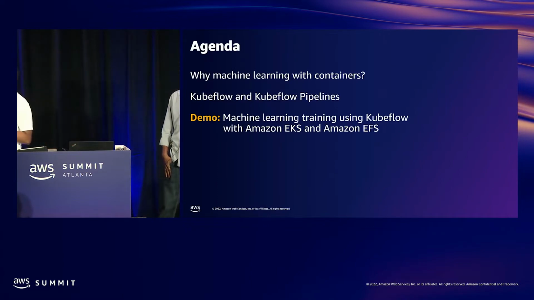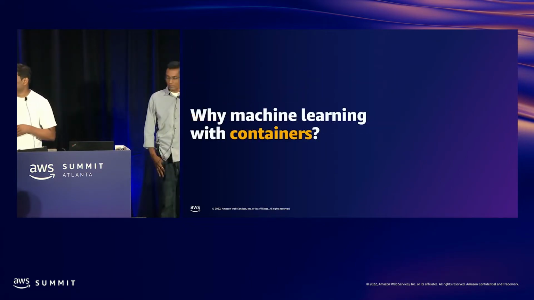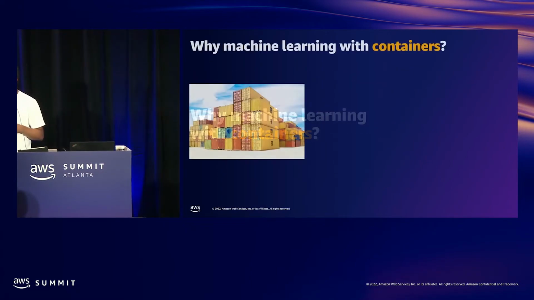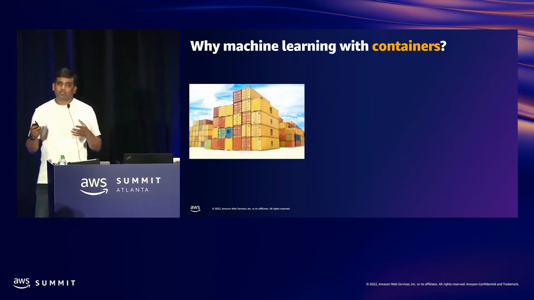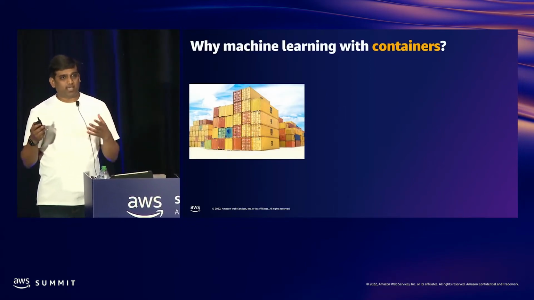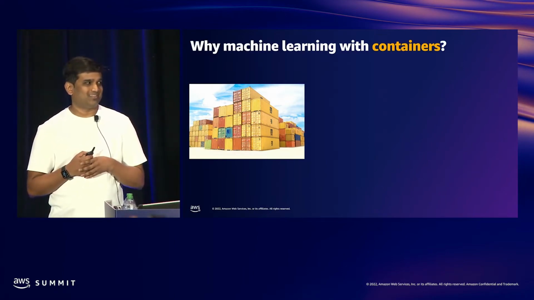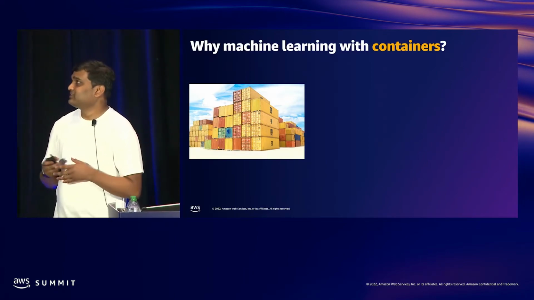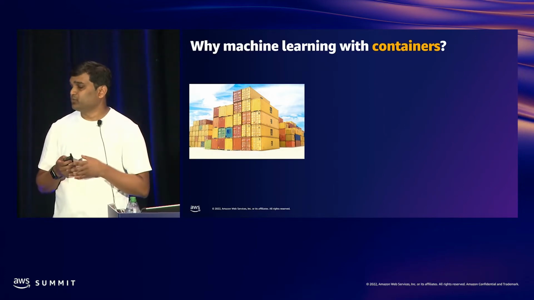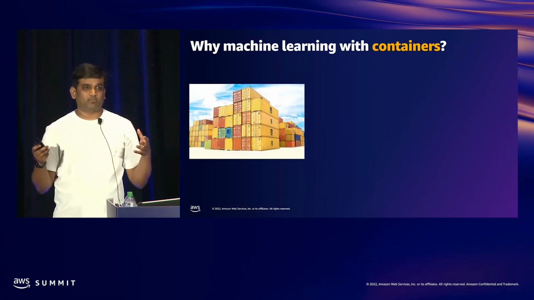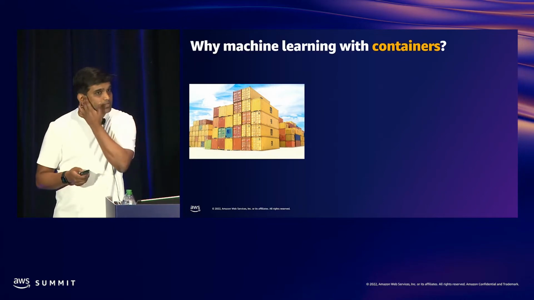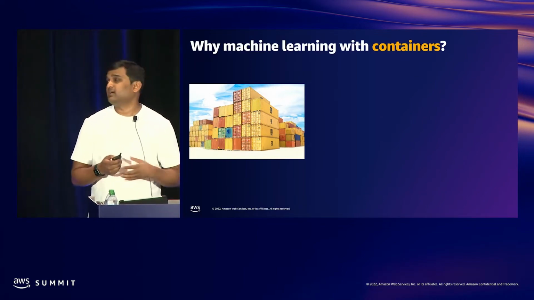All right. So first thing first, why machine learning with containers? Container at its core, you can make use of it at various places, not only on the cloud, but also on-prem or in other places.